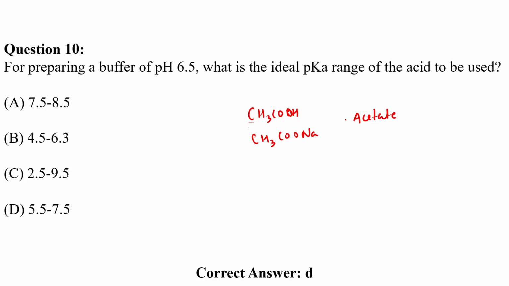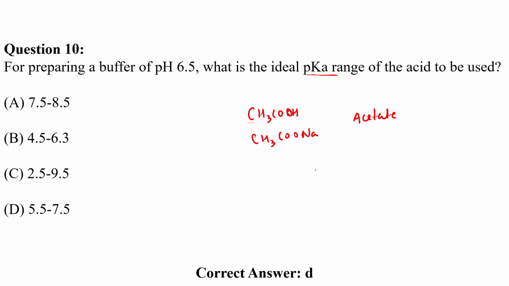In this pKa range, 5.5 to 7.5, I can make a buffer with these acetate ions only in that range. Other than that, the pH will not be constant for this particular system. Why? Because at the pKa value, the acid will be 50% dissociated.